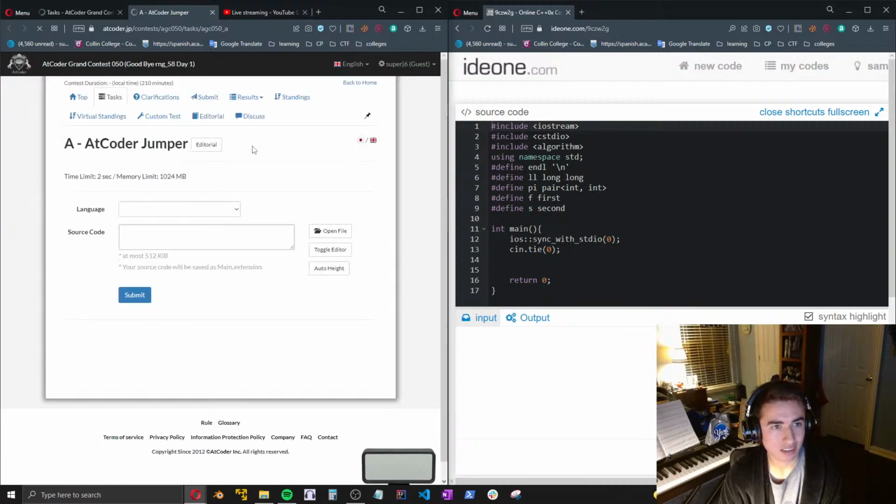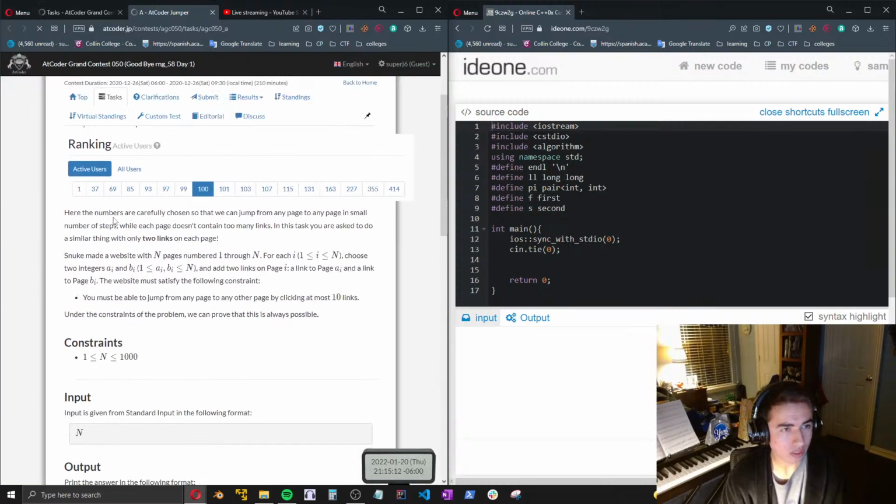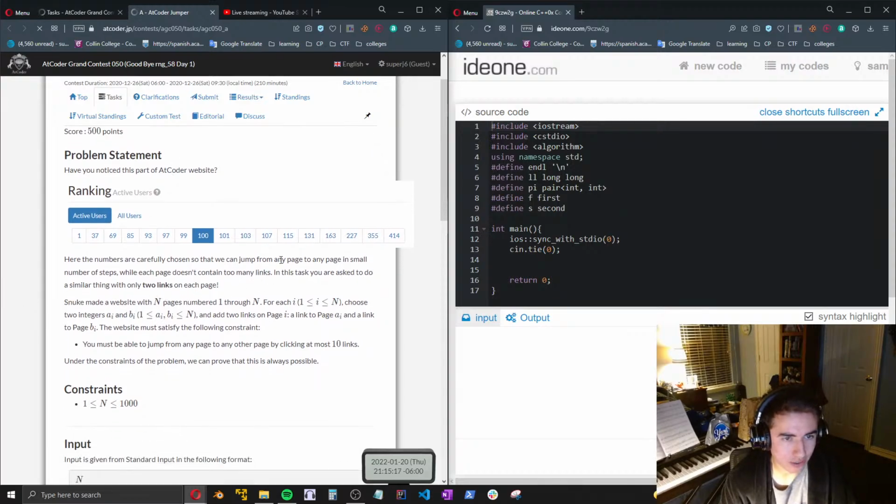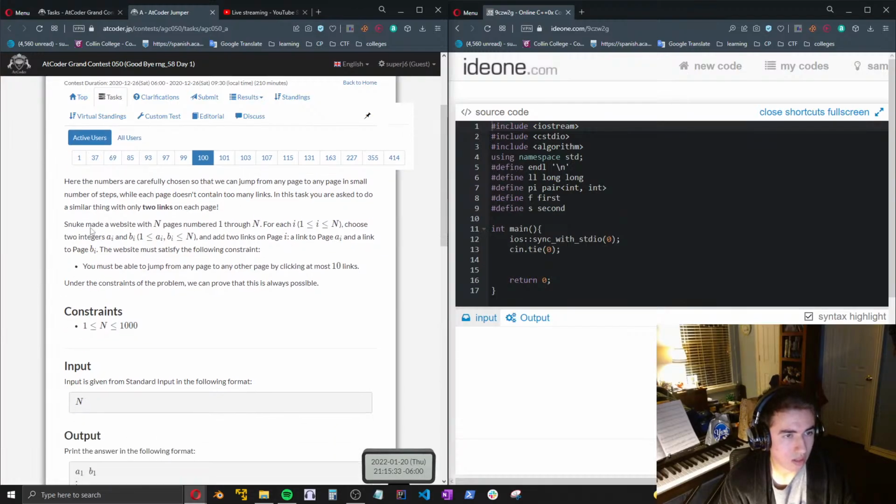Alright, looking at the first task. It is AtCoder Jumper. Here, the numbers are carefully chosen so that we can jump from any page to any page in a small number of steps. Two links on each page: a link to page A_i, and a link to page B_i.